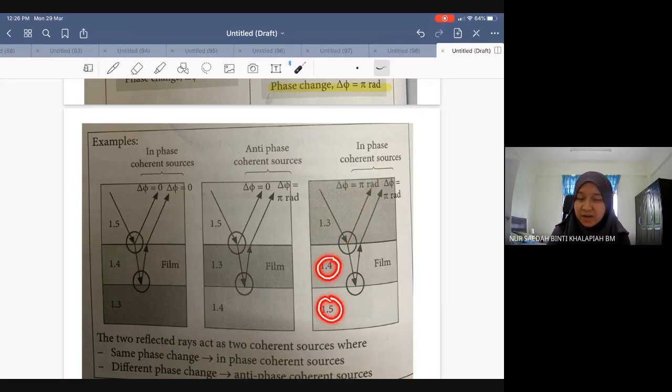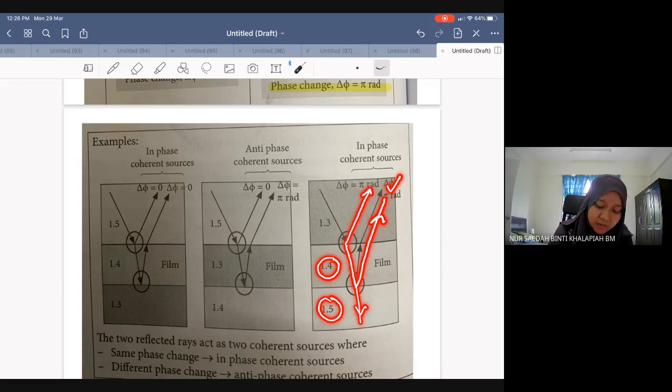So bertambah juga kan, sebab light dari second medium reflected and refracted through the third medium. So bertambah dia punya index of refraction. So there is a phase change untuk reflection ray 2.